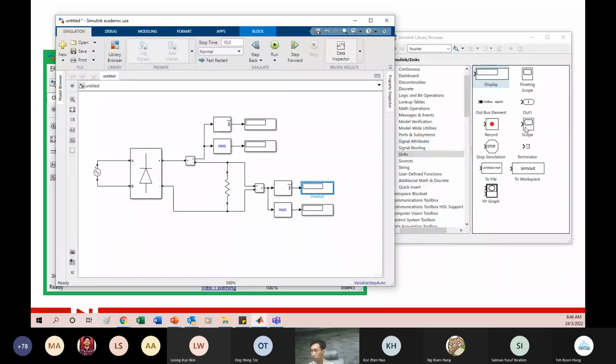And you can put a scope to see the waveform. And then maybe we run for 0.1 seconds. Yeah, I think that's all right. Just try and run.